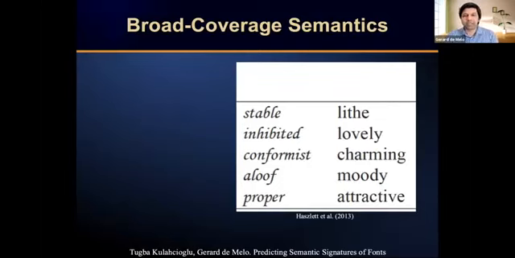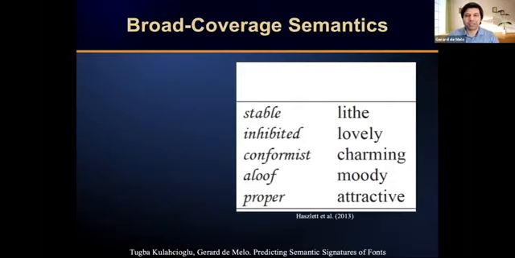Somehow something seems a bit suboptimal, a bit off. You would think that for words like lovely, charming, you would use a more cursive, less serious font. Whereas on the other side, for words such as stable, conformist, maybe you would use a more formal font that's a more bland, neutral kind of font.